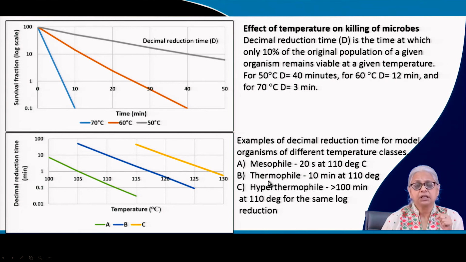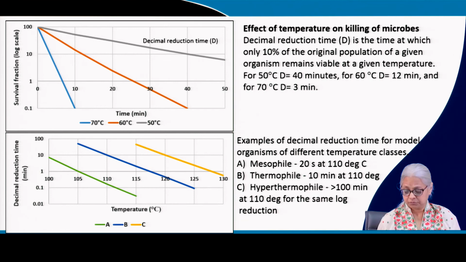A thermophile, on the other hand, is fairly resistant to high temperatures. It takes 10 minutes to get 1 log reduction at 110 degrees centigrade. Then we have hyperthermophilic bacteria. Greater than 100 minutes are required to get 1 log reduction at 110 degrees centigrade. So that's all of it.